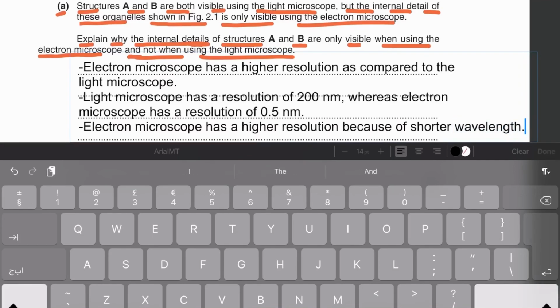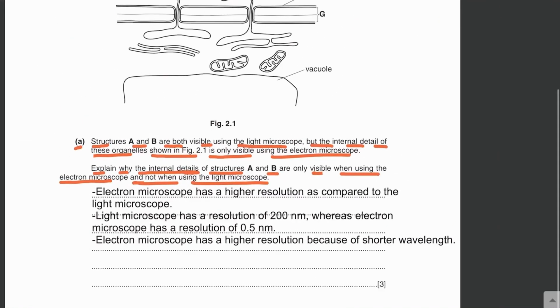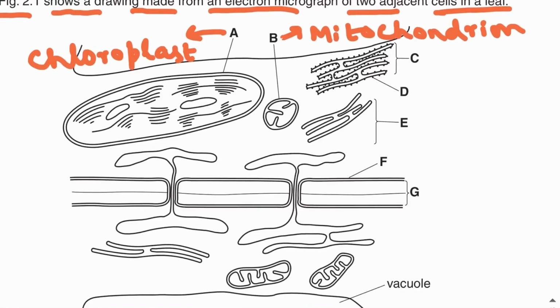And we can also write that because the resolution of the electron microscope is high, you can see the internal membranes in the mitochondria and the chloroplast, right? We know that mitochondria and chloroplast have internal membranes, and internal membranes can only be seen under the electron microscope because of the high resolution.